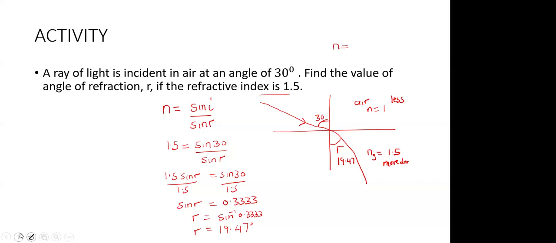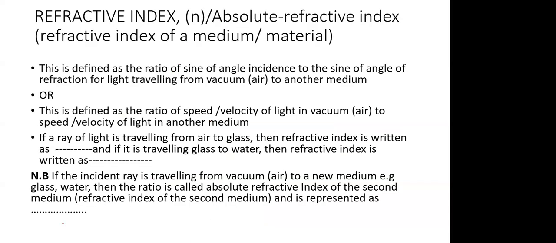Okay, we are going to proceed to what we call refractive index. Another term we are going to look at is the absolute refractive index of a medium. Like we have seen from Snell's law, we are looking at sine i over sine r.